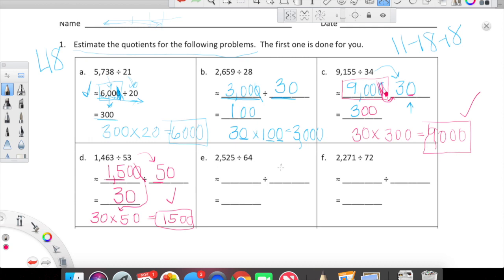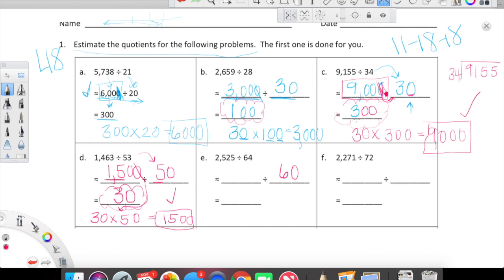Let's look at this. 2,525 divided by 64. You guys also keep in mind that what I choose to round these numbers to may be different than what you choose to round these numbers to. As you can probably imagine, our quotients that result from rounding the numbers are going to be our guiding numbers when we get into a standard algorithm of more complex division problems.